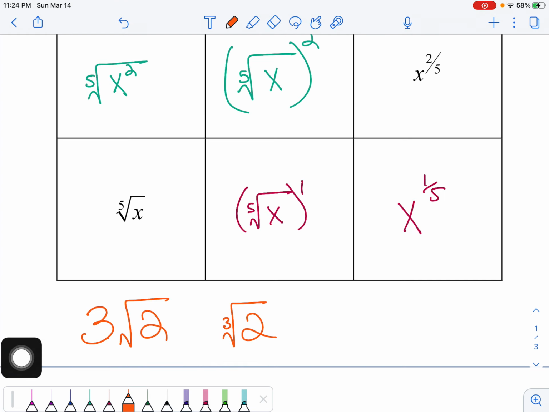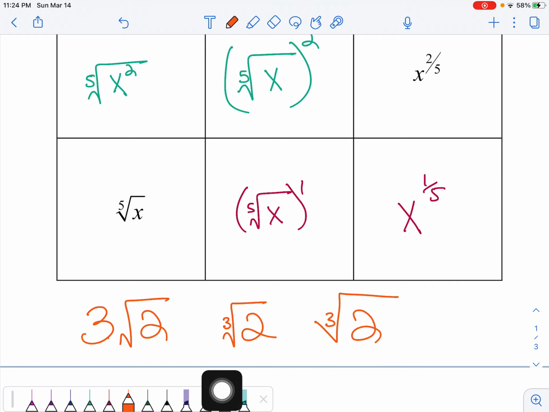One of the things that I've seen students do in the past is they actually write the 3 inside, really inside the root symbol, to make it obvious that this is the root, so that if this were to have a coefficient of, let's say, 5, then again, it's very obvious this is 5 times the cube root of 2.